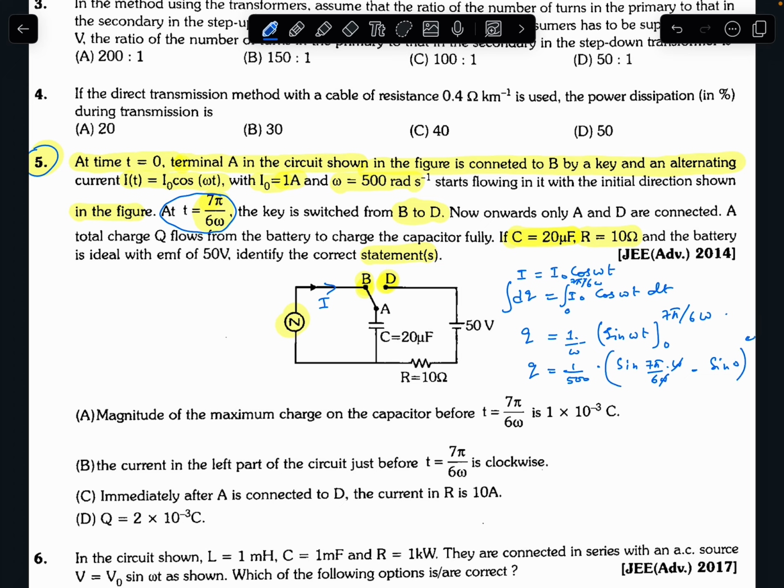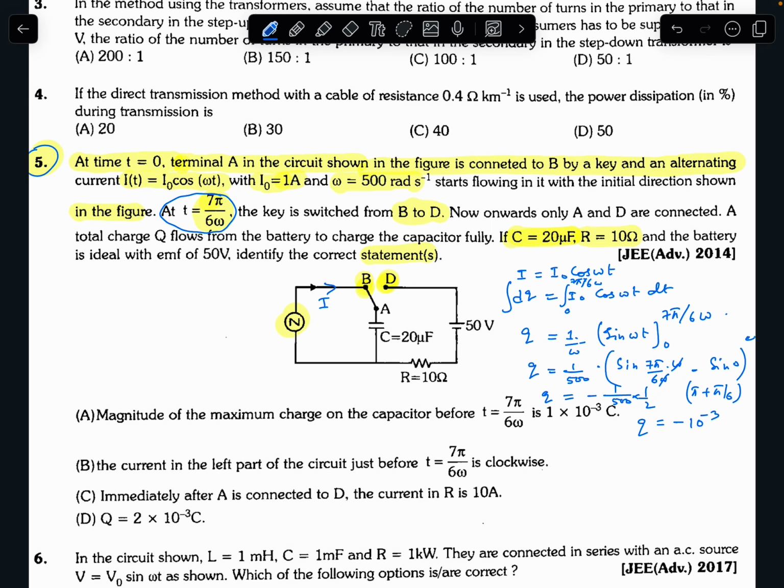So sin 7 pi by 6 is sin of pi plus pi by 6, correct? So sin 180 plus pi by 6, so minus sin pi by 6. Sin pi by 6 is half, so minus 1 by 500 into 1 by 2. So I am getting q equal to minus 1 by 1000, that means minus 10 to the power minus 3.